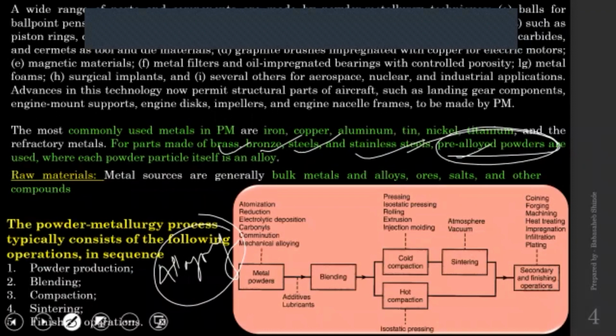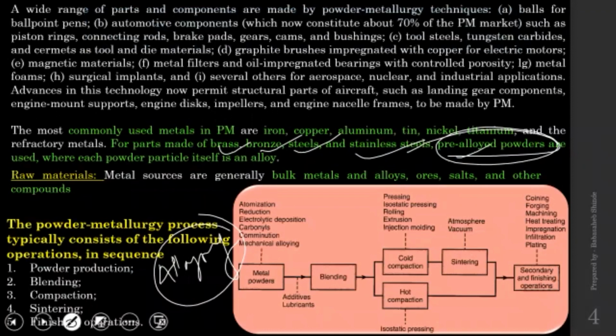When you want a product having specific properties, either you can add those materials together at the time of processing, or you can get pre-alloyed powders. When you produce powders from the metal, at the time of production of the powder itself, you can mix various materials together and have alloy powders. That is also a choice available with us.